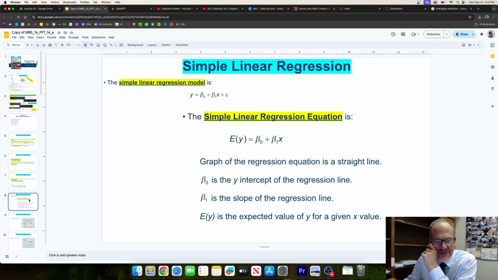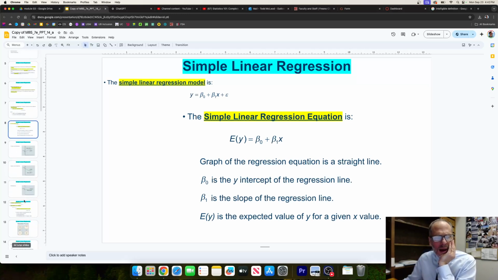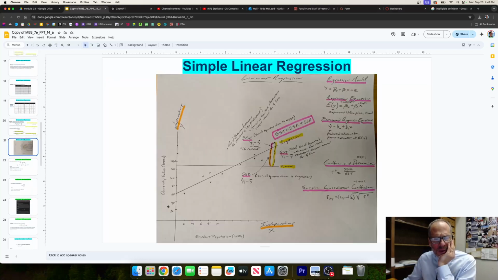All right, so we have the simple linear regression equation. Here's the model, here's the equations for a population. Beta naught is the y-intercept of the regression line, because if x is 0, that's where it hits the y-axis. When x is 0, it hits the y-axis right here, and so my beta naught would be 60 in this example.